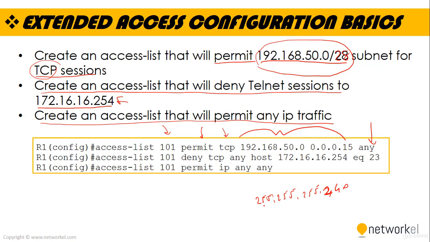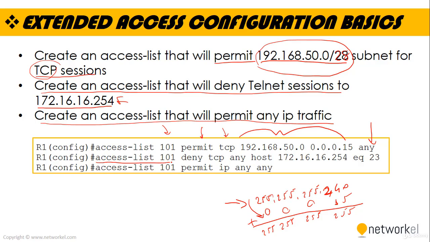To convert this to a wildcard mask, we can use 0.0.0.15. If we add these to each other, the end result will be 255.255.255.255. In the second, we are writing a deny statement.